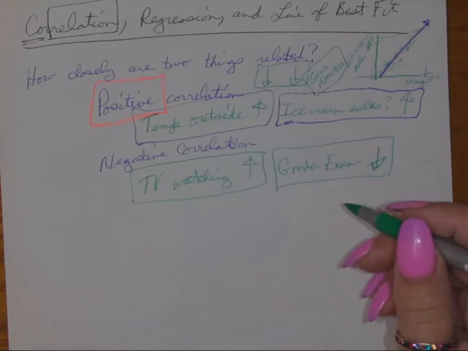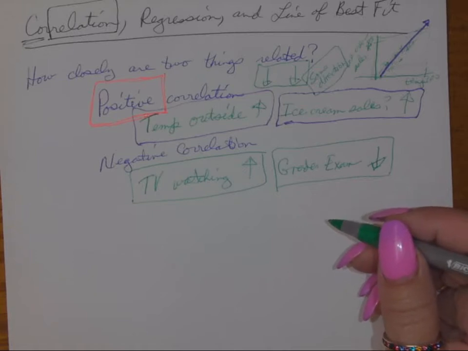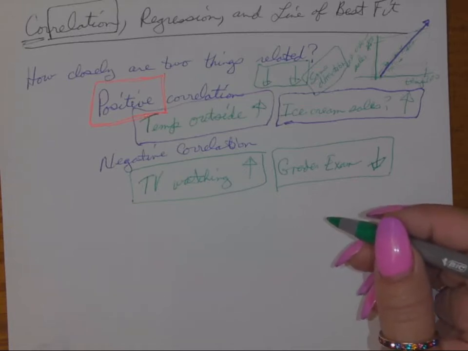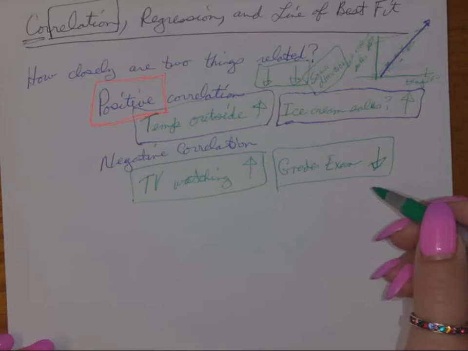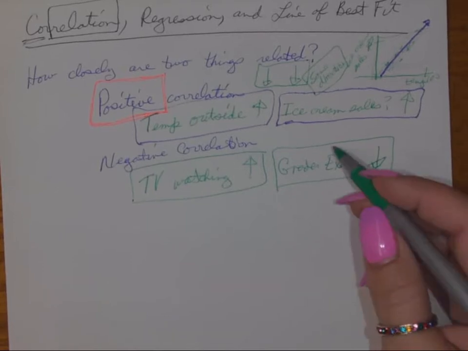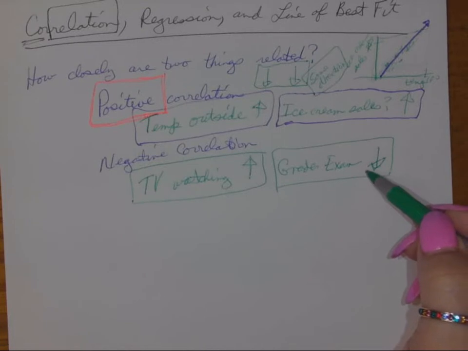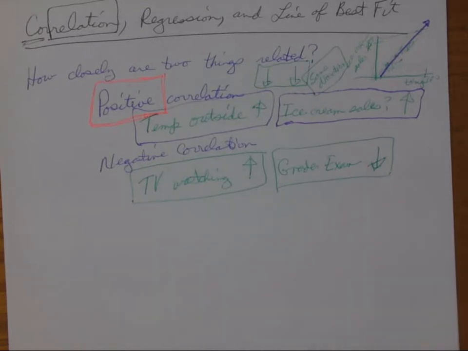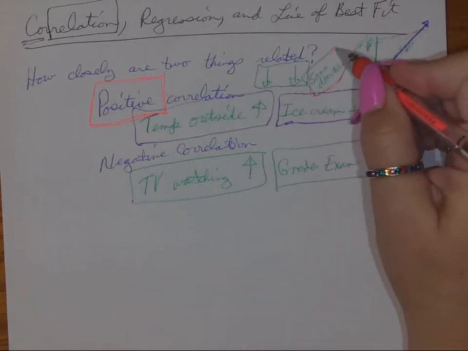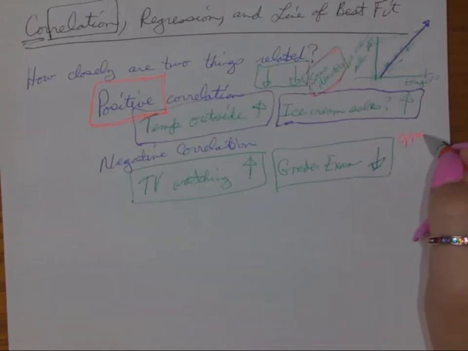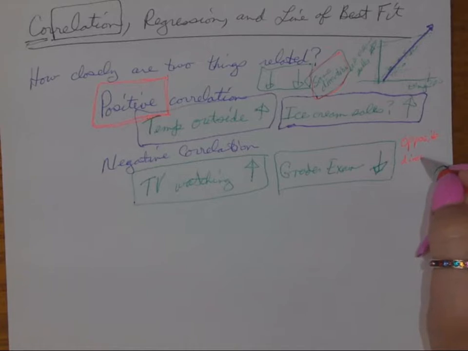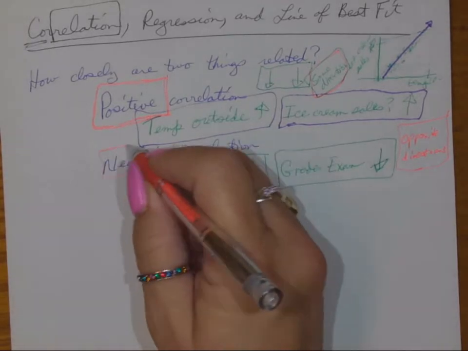Now, that's not always true. Some students are really good and don't have to study as much, and they can still make good grades, and we know that. But in general, as one goes up, the other one goes down in this situation. So note the opposite directions, right? This one was same directions. These are opposite directions. That gives me the negative. That's how I get the negative here.